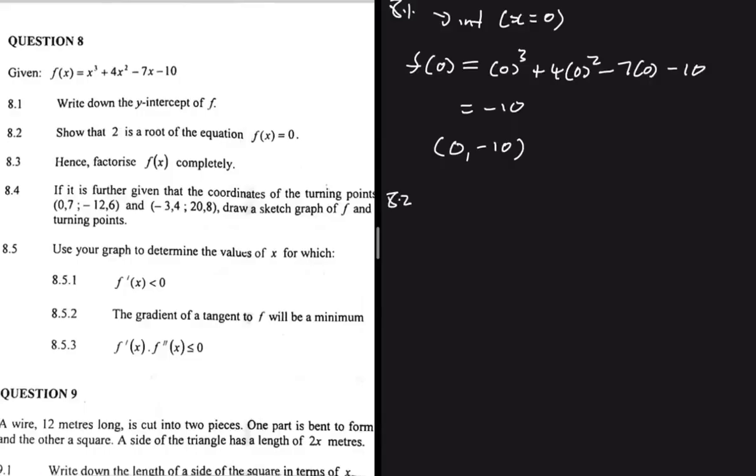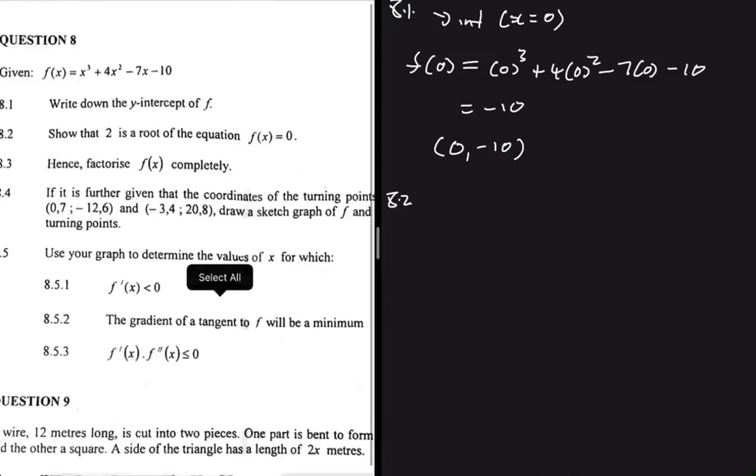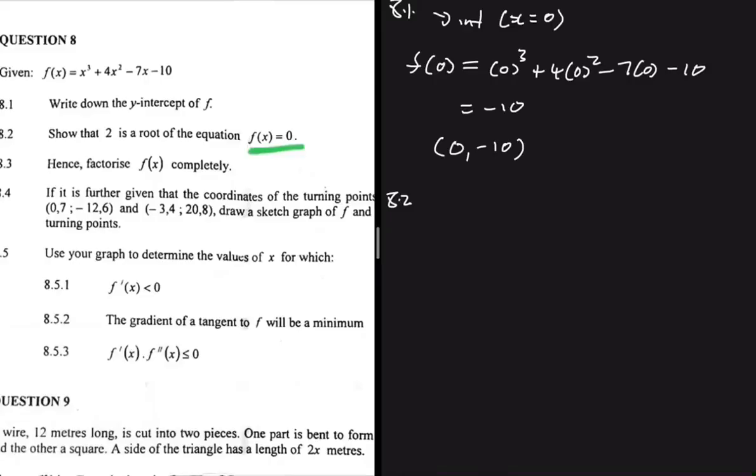So in 8.2, we are required to show that 2 is a root of the equation f of x. Right, if 2 is indeed a root of f of x, then when we substitute 2 into f of x, we shall get f of x equals 0. So let's go ahead and see if that checks out. We're going to have f of 2 equals 2 to the power 3.